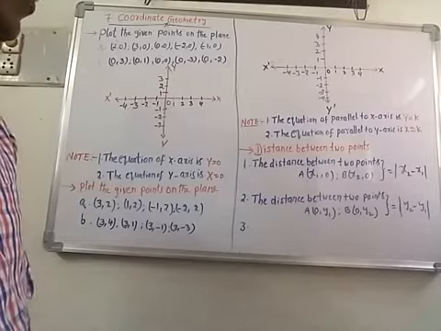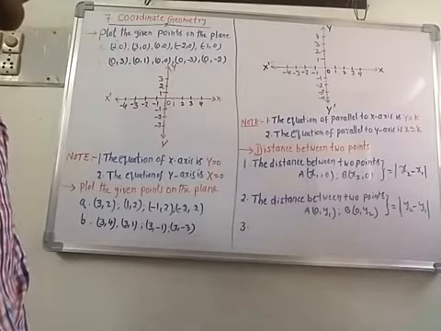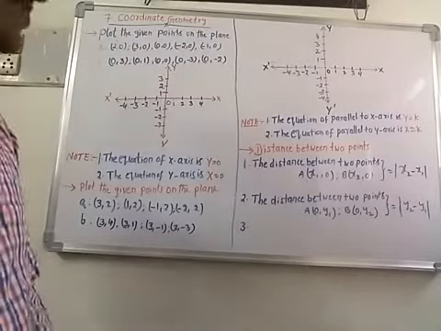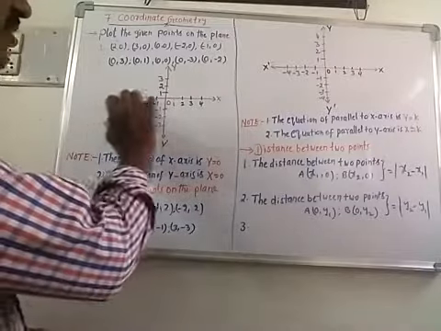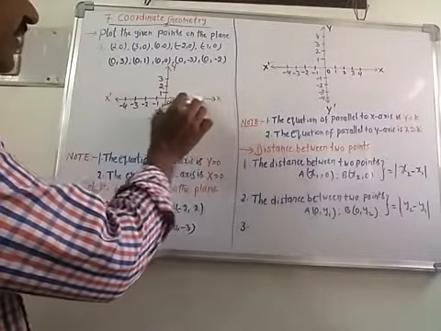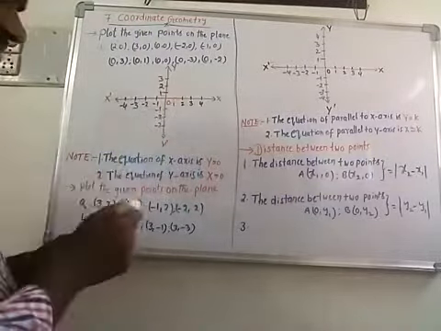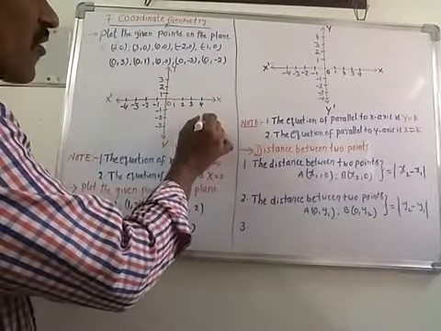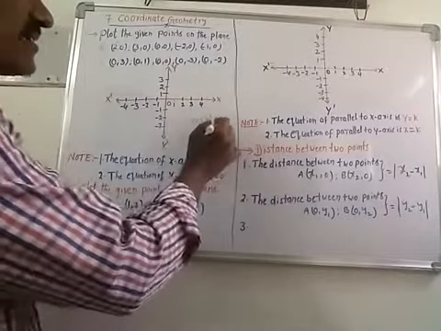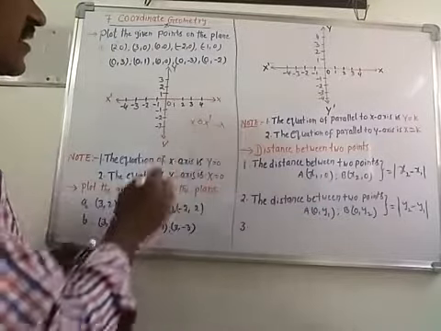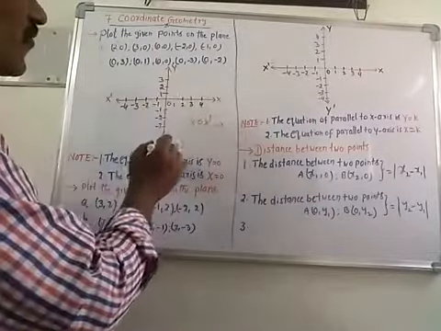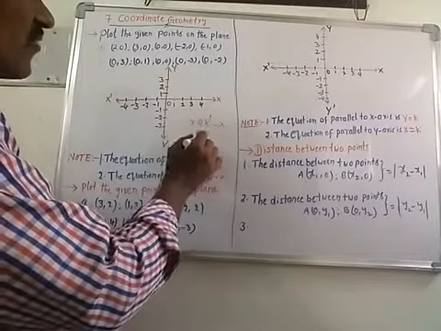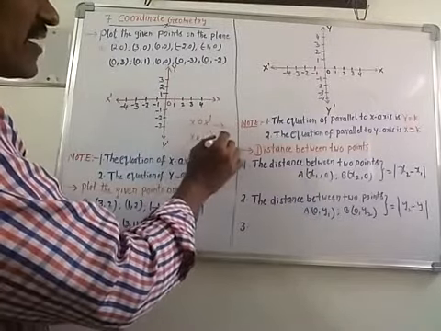Okay, in previous classes we have learnt it is the x-axis. So x, o, x dash is called the x-axis, and y, o, y dash is called the y-axis.